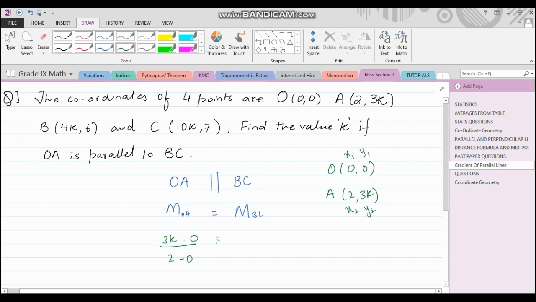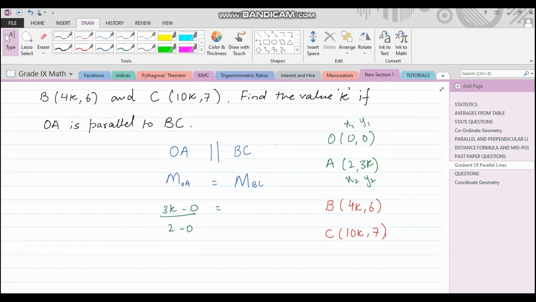So coming on to the next line, that is BC. So coordinate B is 4k, 6, and coordinate C is 10k, 7. So again putting this into the formula for BC, y2 minus y1, that would give us 7 minus 6, and similarly x2 minus x1 would be 10k minus 4k.